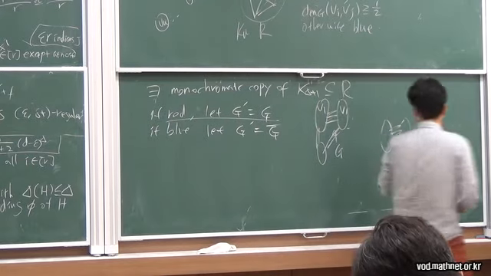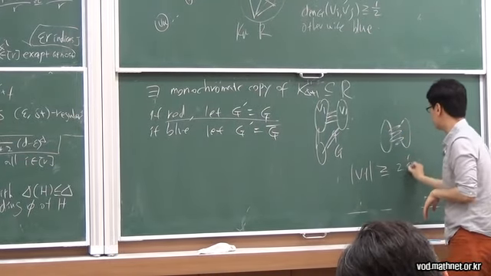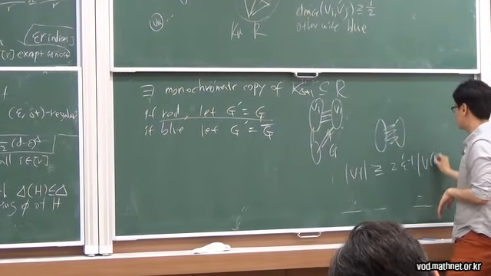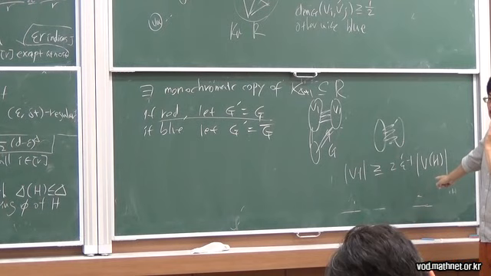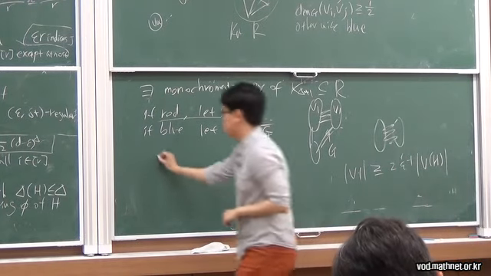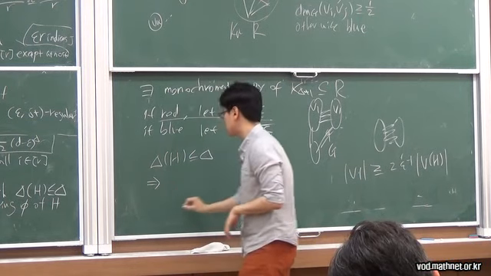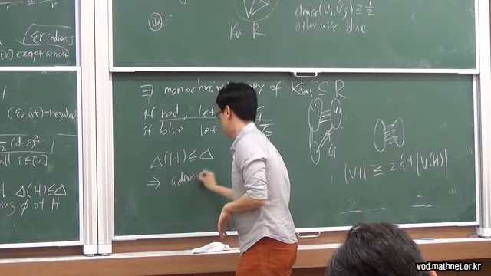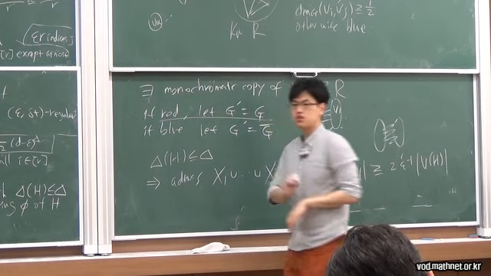And moreover, we ensure that each B sub I is bigger than 2 epsilon inverse times the size of V of H. And H has bounded maximum degree. So by Brooks' theorem, it admits a partition X1 to X delta plus 1 into independent sets.